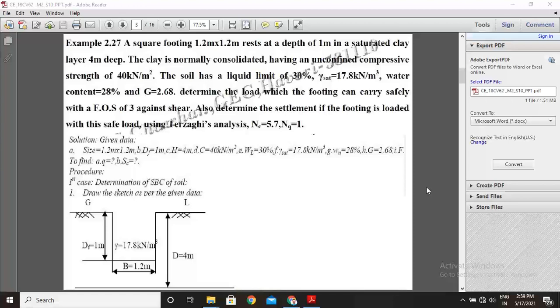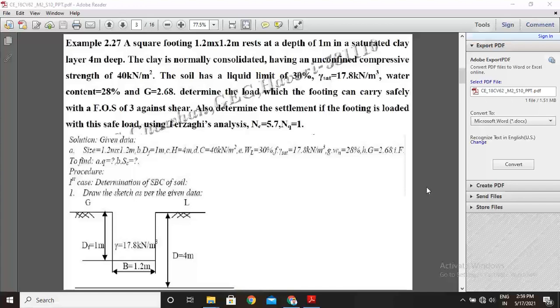Using Terzaghi's analysis, NC equal to 5.7, NQ equal to 1. So this is the problem. Okay, I think this is slightly changed, but let us see how to solve this type of problems. Okay, solution.